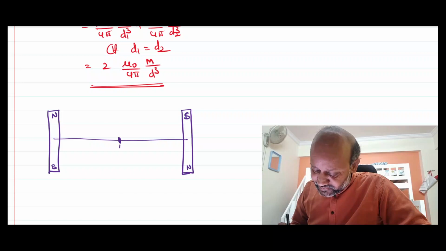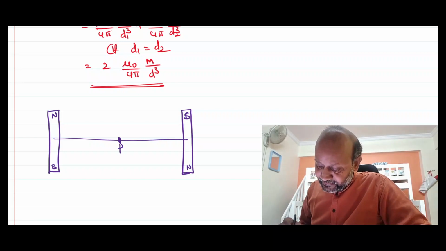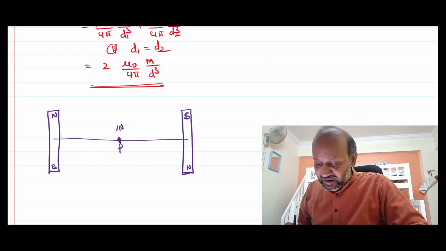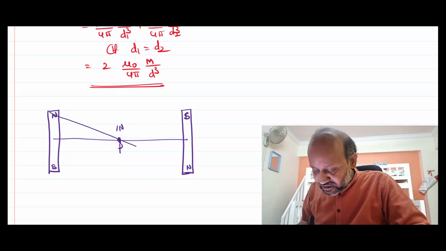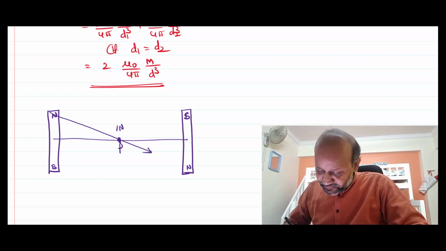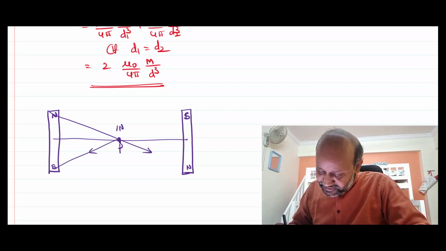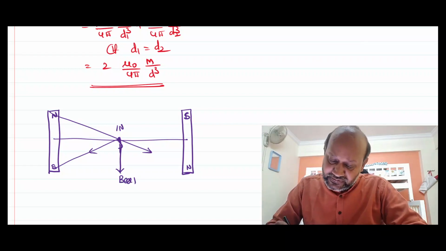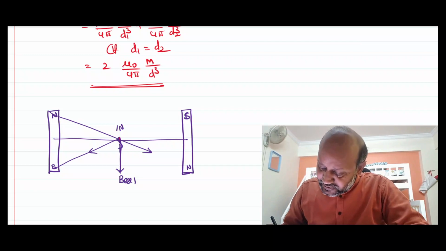I want the resultant magnetic induction. Imagine a unit north pole there. On this unit north pole, due to this north pole there is repulsion, due to this south pole there is attraction, and this is the resultant, B equatorial 1. Now consider this. On this unit north pole, this south pole attracts the north pole.